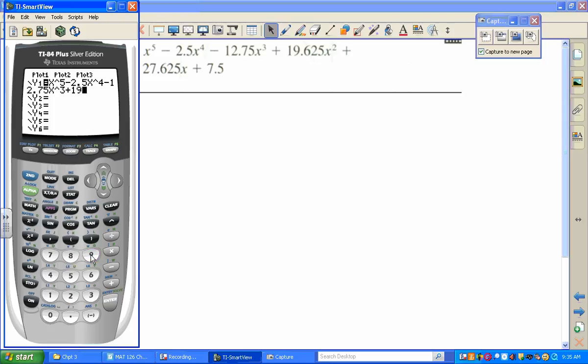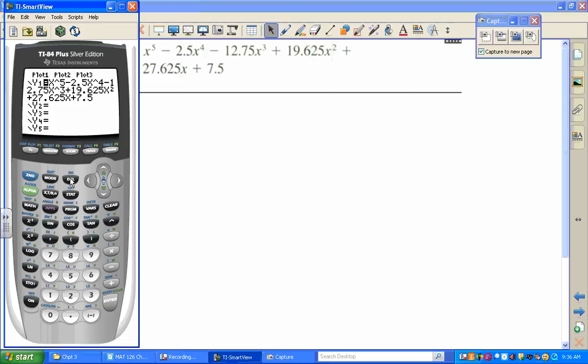Plus 19.625x squared plus 27.625x plus 7.5. Oh, 2 decimal points won't help. X to the fifth minus 2.5x to the fourth minus 12.75x cubed plus 19.625x squared plus 27.625x plus 7.5. There we go. I think I'm ready.